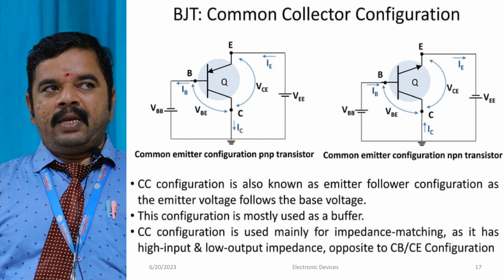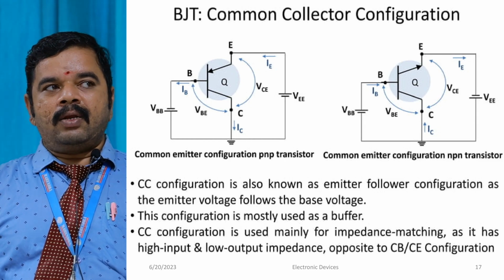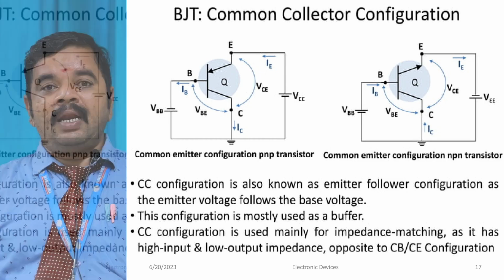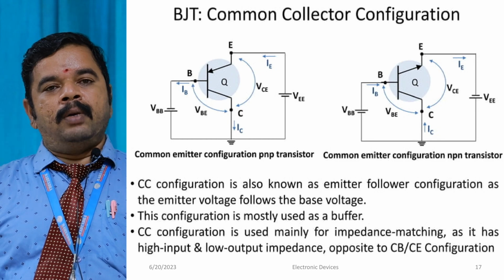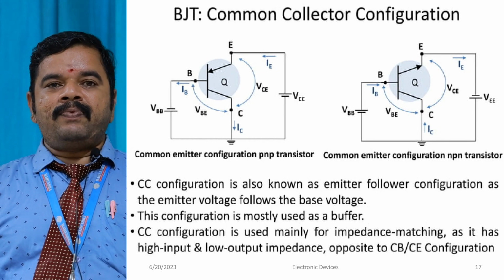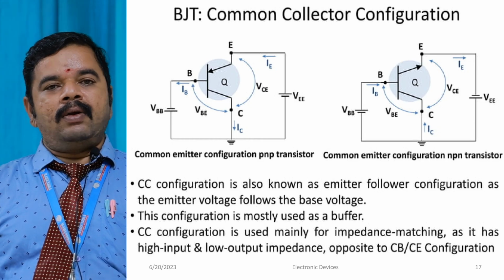Then we go to the next one, the common collector configuration. In the common collector configuration, the collector is the common terminal, the base is the input terminal, and the emitter is the output terminal. Here also there are different types of transistor, PNP as well as NPN, and depending on that we draw the curve.